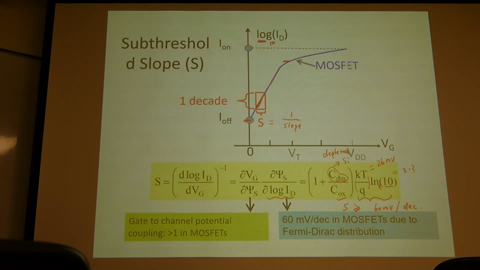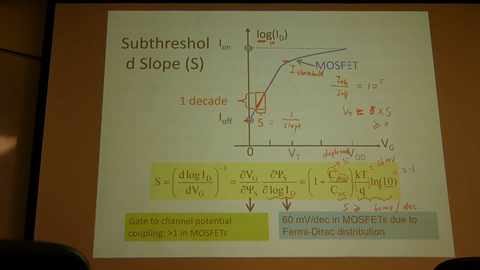Right? If you make the on-off ratio, let's say this I threshold over I off, let's say 5 orders, then this threshold voltage will be larger or equal to 5 times this S, and the S is larger or equal to 60 millivolts.